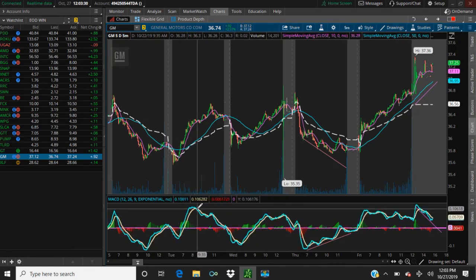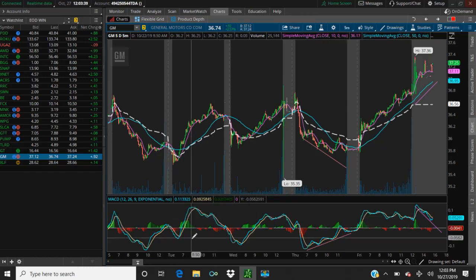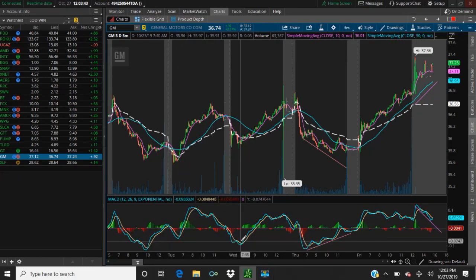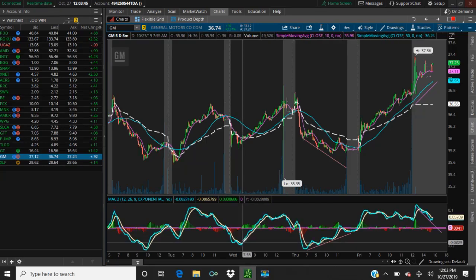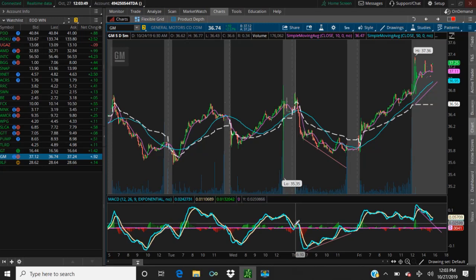And then this, actually right here, is a sell signal when the signal line crosses over the MACD. So buy here, sell here. Buy here. And probably you could sell here.